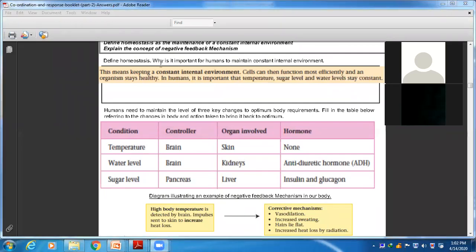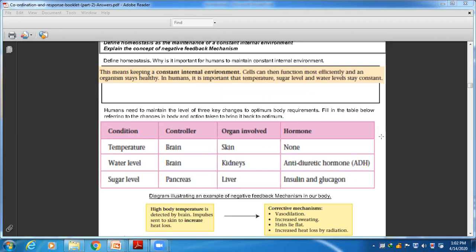All right. So define homeostasis, and why it is important for the human body to maintain a constant internal environment. What is homeostasis? I discussed it with you already. Homeostasis is controlling or keeping your body within a specific range, keeping your internal body environment constant.